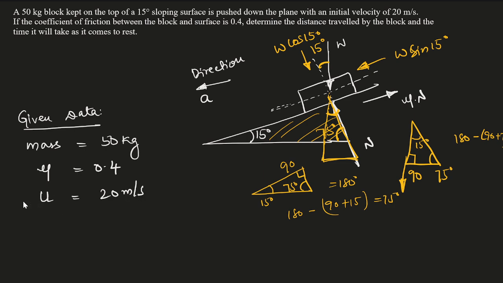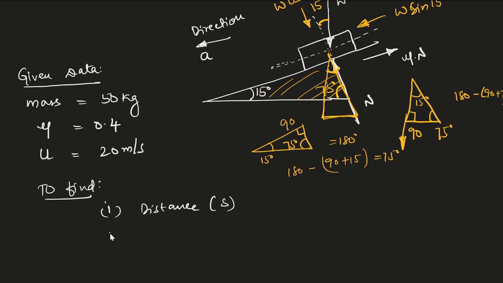So these are the given data, and what are the parameters we have to find? The first one is to determine the distance traveled, which I can write as s. And the second one is the time taken to come to rest, so time is t.